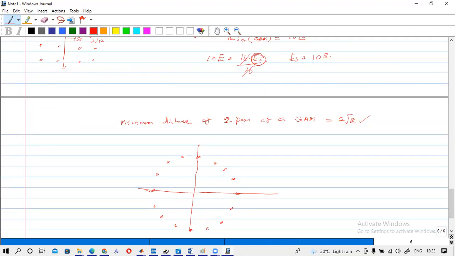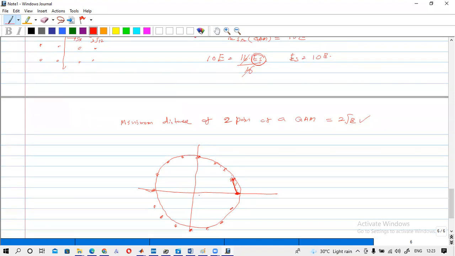Now you are asked to find the distance between these two. You can see that these are on a circle, this is on a circle, and you are asked to find the distance. That means this distance. So how do you find this?